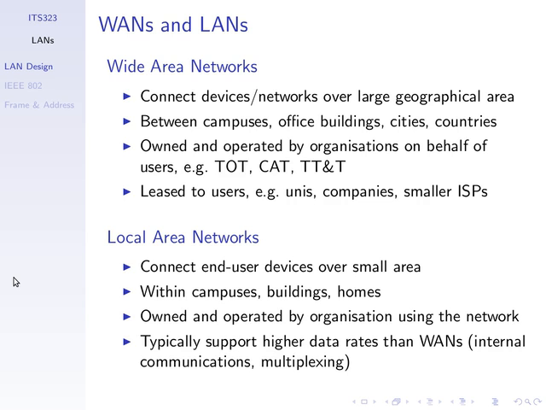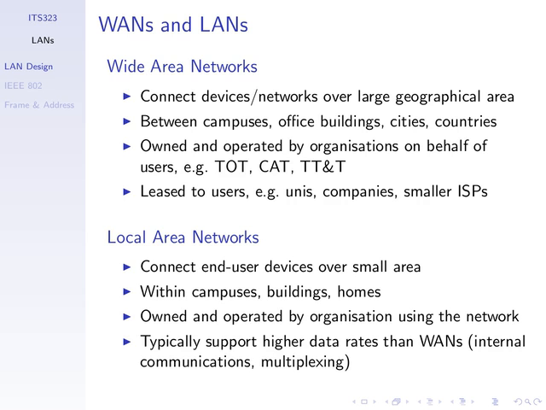So wide area networks, we know, cover a large geographical area, like a city, between cities and so on. Local area networks, we're talking about within a campus, a university campus, a company campus, within buildings, within homes. Local area networks connect the end user devices over a small geographical area.